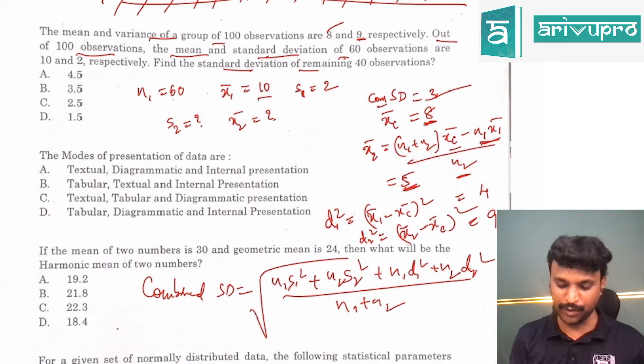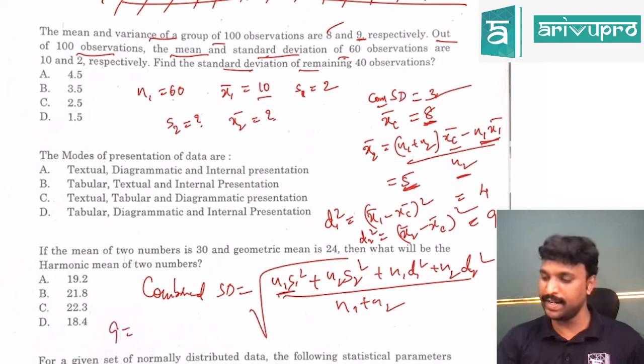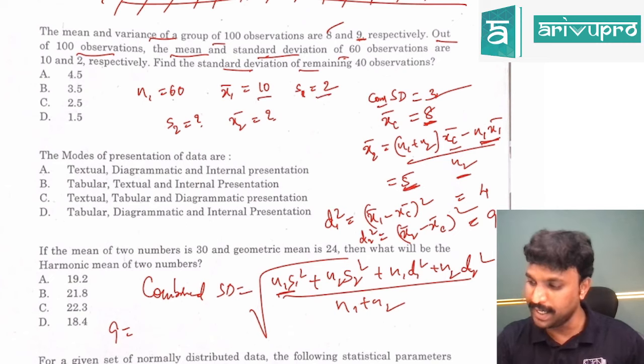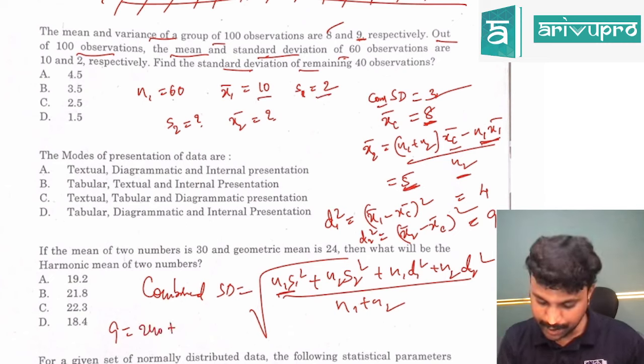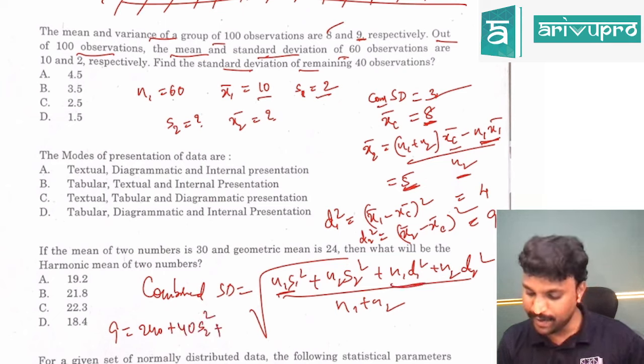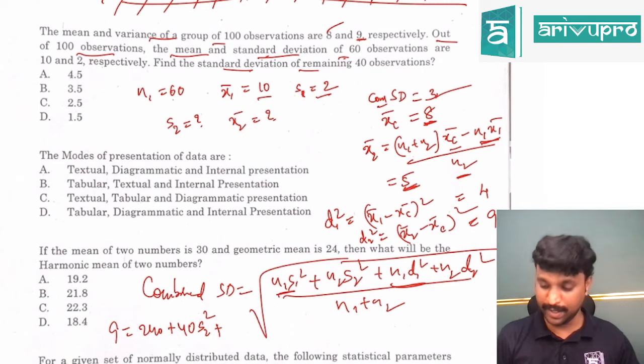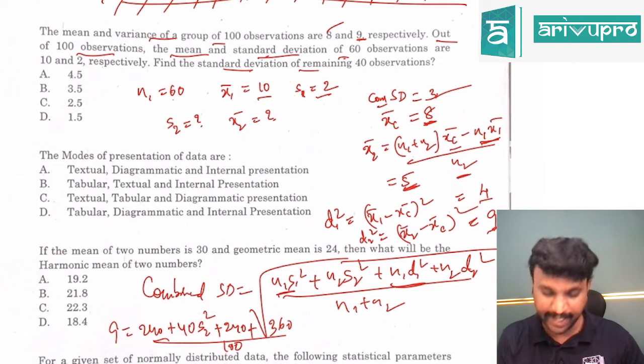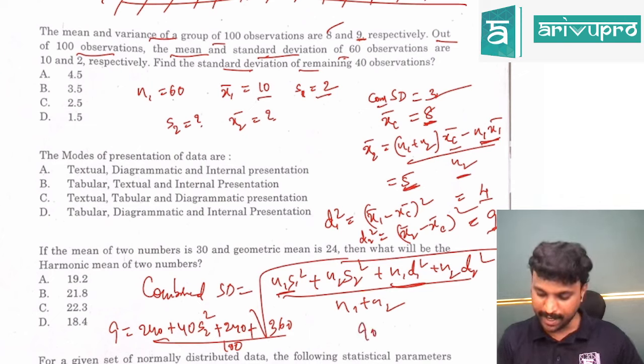Combined SD is 3, if you square it, 9. n1 s1 square: n1 is 60, s1 is 2, 2 squared is 4, so 60 into 4 is 240. n2 s2 square: n2 is 40 and s2 square we don't know, we'll keep it as it is. n1 d1 square: n1 is 60, d1 square is 4, 60 into 4 is 240. n2 d2 square: n2 is 40, d2 square is 9, 40 into 9 is 360, divided by 100 after taking out the root. Guys, 9 into 100 is 900. Now 240 plus 360 is 600, 600 plus 240 is 840.